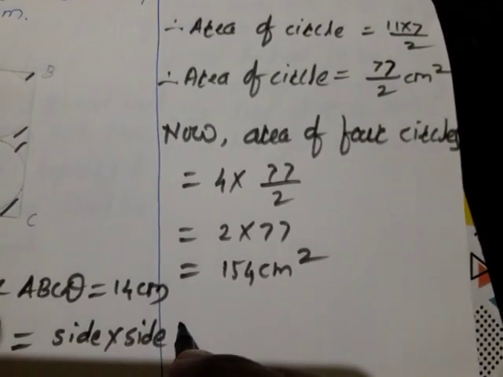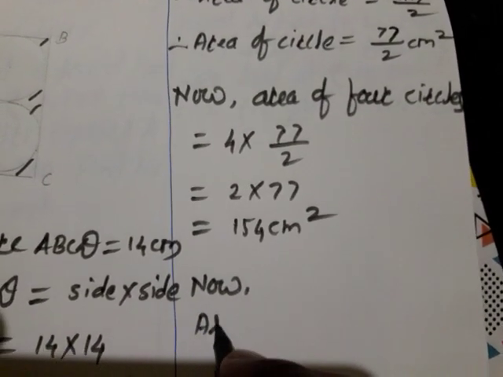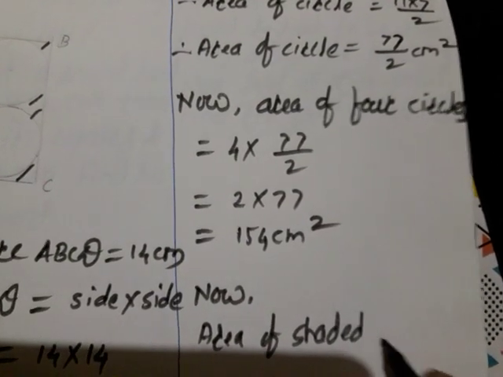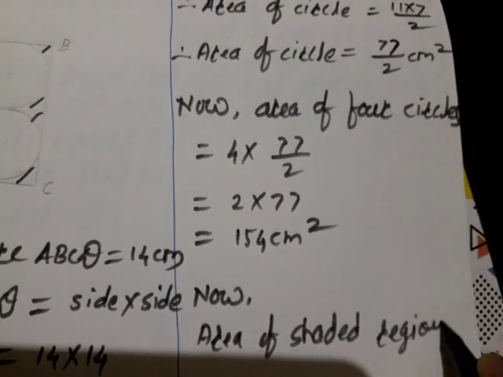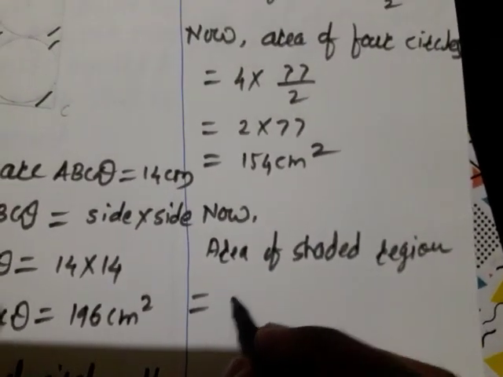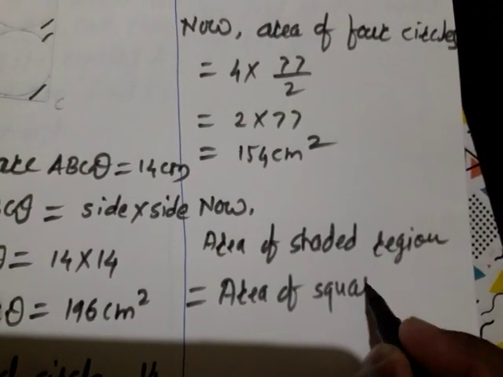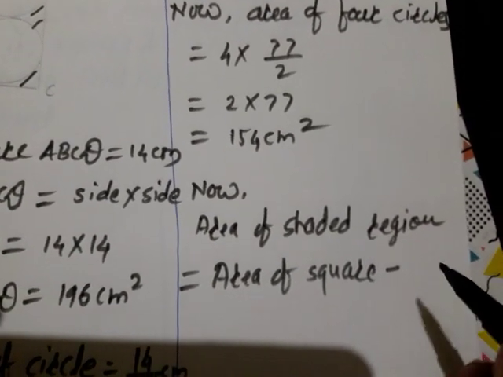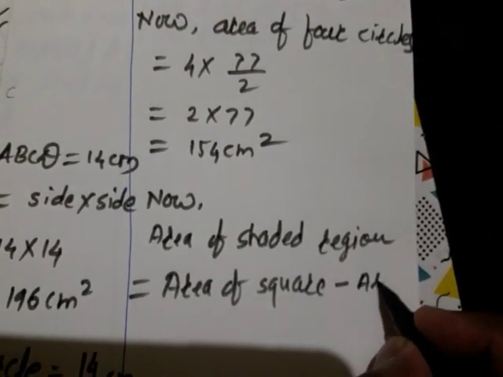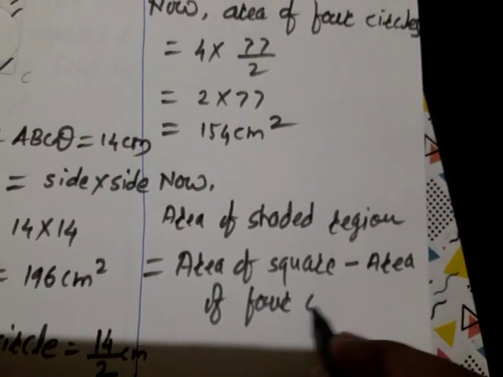Okay, now area of shaded region is equal to area of square minus area of 4 circles.